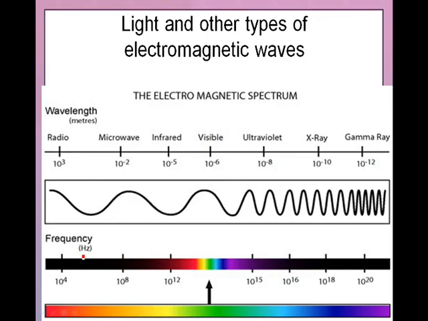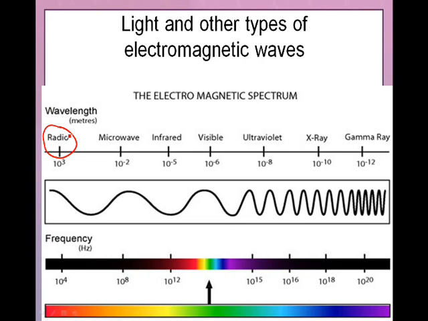So in this section of chemistry and physics, we're especially interested in electromagnetic waves. Electromagnetic waves include a lot of waves that we use on a regular basis.